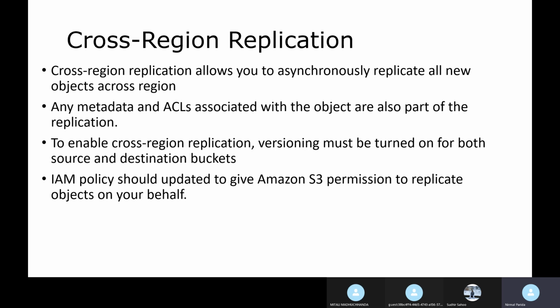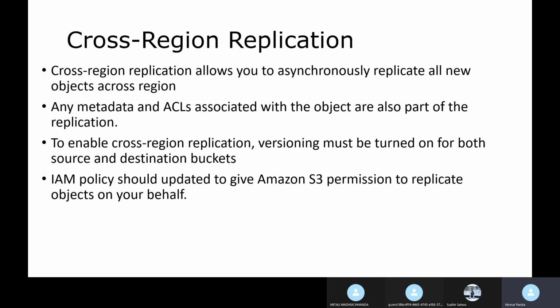Asynchronously replicate means suppose you upload one object now, it will be replicated to another bucket if you enable your cross region replication. Any metadata and ACLs associated with the object are also part of the replication. The metadata and ACL are also part of your replication.